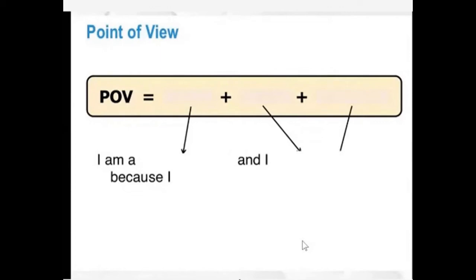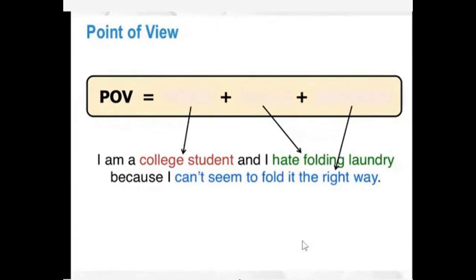So what is the point of view here? Okay. I am a college student and I hate folding laundry. I hate folding laundry, in the sense folding my clothes, because I cannot seem to fold it anyway. Right? Okay, let us take this sentence.